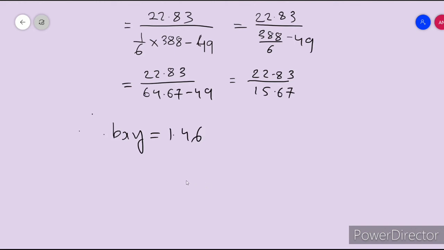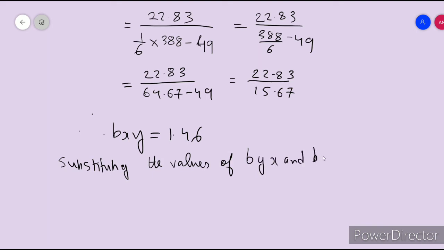So we have solved the regression coefficients of y on x and x on y. Now it's simply the case of substituting the values of byx and bxy in equations 1 and 2.